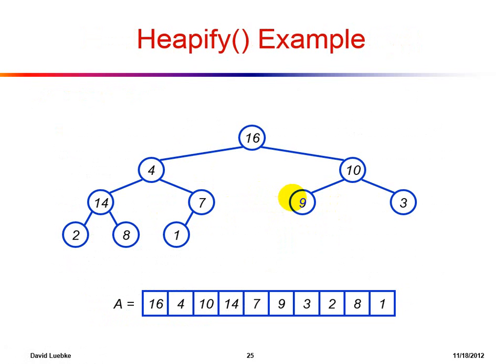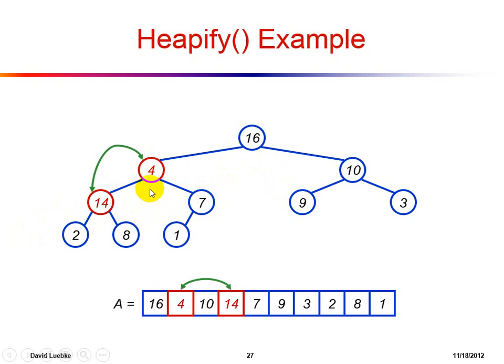Let's look at a concrete example that will make sense. Here's 4, and clearly it is not right because 4 is less than its children, 14 and 7, which are greater than 4.